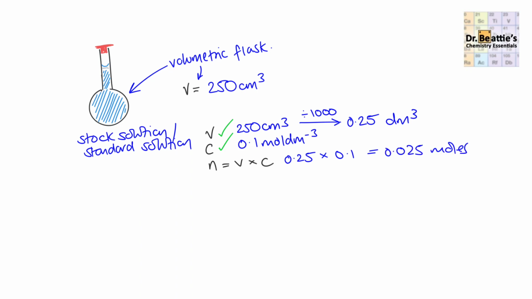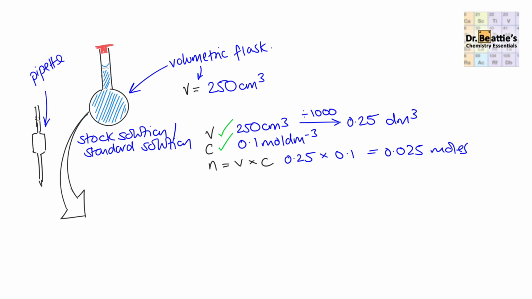Quite simple. That links nicely with the first video in this series on solutions. However, when doing titrations and other quantitative analysis of solutions, we don't often use the whole solution that's in the standard solution or stock solution. We use a proportion of it. What you would do is use a pipette to take a known volume from the standard solution or the stock solution.